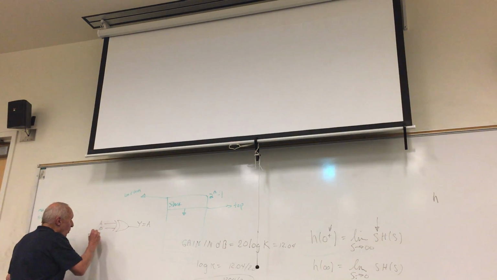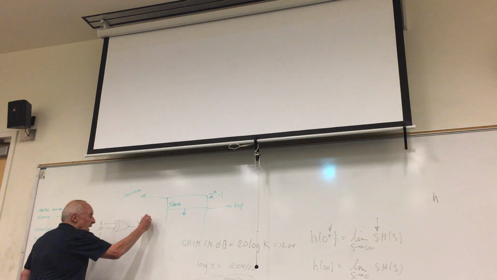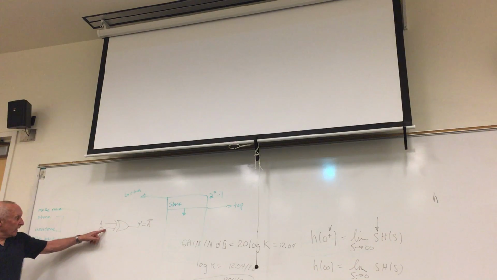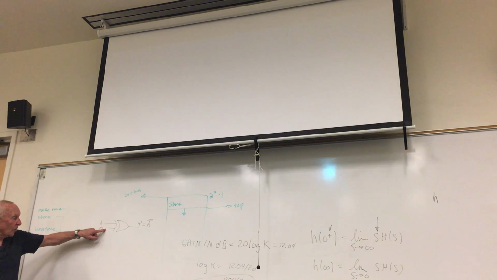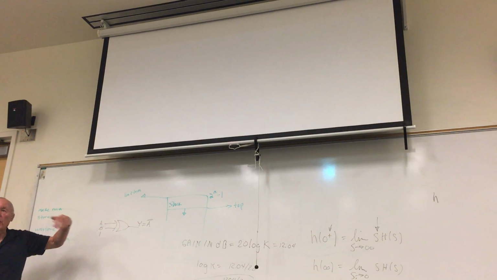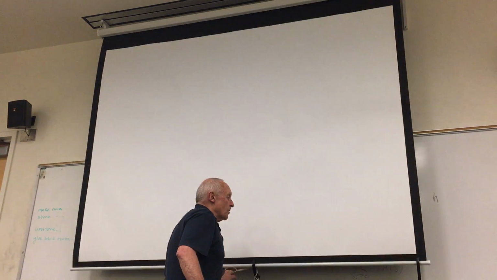However, if I make this a 1, then Y is going to equal A bar. It's just an inverter. So by controlling whether this is a logic 1 or logic 0, I can determine whether this exclusive OR gate operates as a buffer or an inverter.